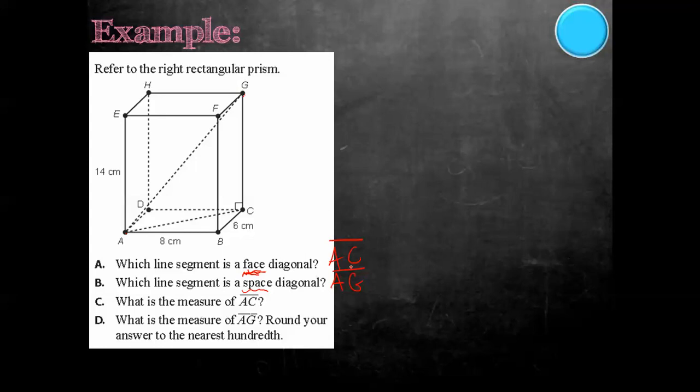So remember, to find AC, right, we're just going to use Pythagorean theorem. A squared plus B squared equals C squared. So we're going to take our numbers and plug those in. Remember, this is A, B, and then this diagonal will be C right here. So we're going to say 8 squared plus 6 squared equals C squared. 8 times 8 is 64. 6 times 6 is 36.